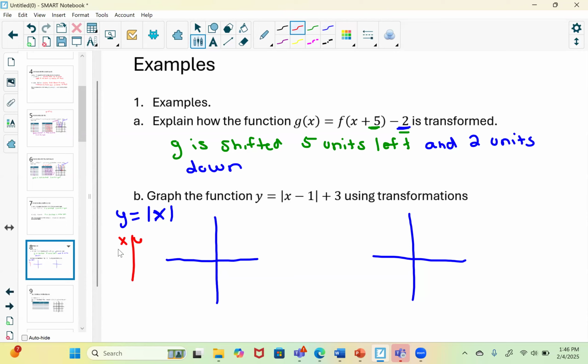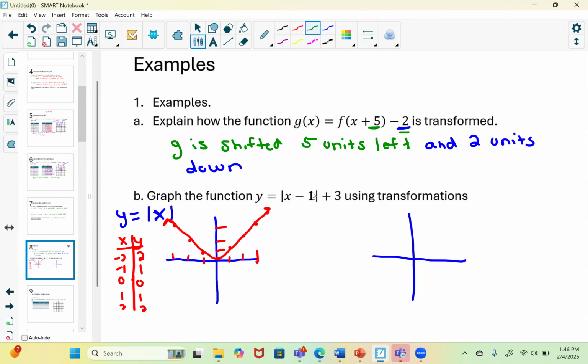Again, you can always make a table if you forget. Really quick, the absolute value of -2 is 2. The absolute value of -1 is 1. 0 is 0. 1, 1, 2, 2. And so remember, this makes a V. So that is the absolute value.